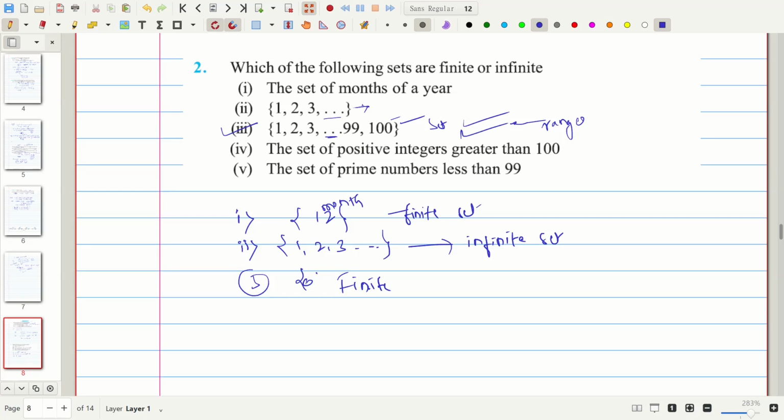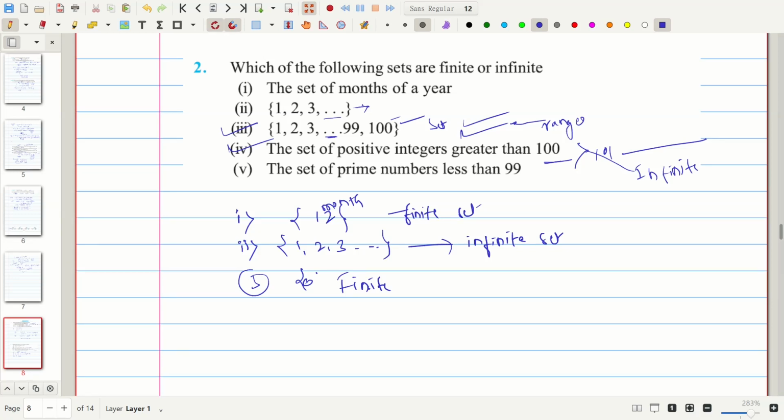Now the fourth example, set of positive integers greater than 100. The numbers greater than 100 continue without end, so they are infinite. Therefore the fourth one is an infinite set.